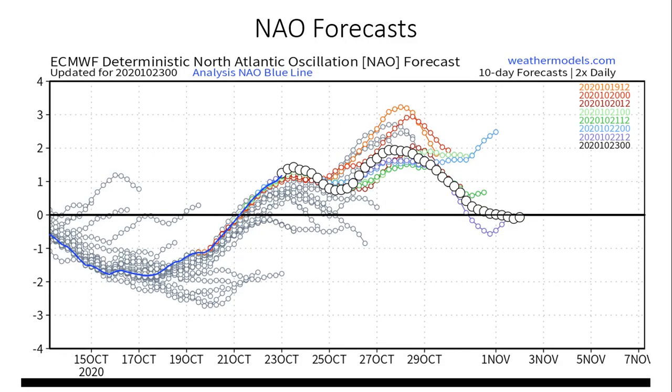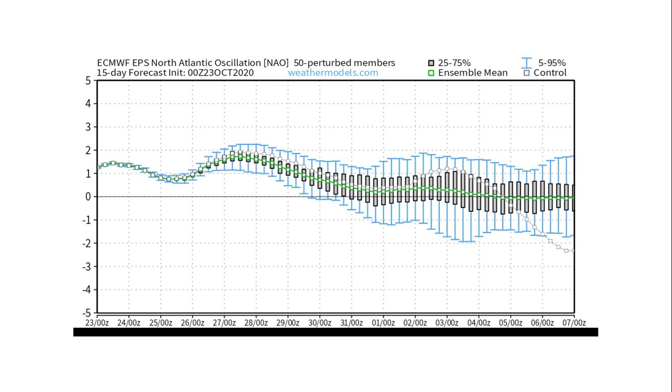Taking a look at the NAO forecast now using the European deterministic model for today, 23 October. For the NAO, the European deterministic is showing a positive trend for the most part, going out through the first few days of November. The European Ensemble prediction system, EPS, with 50 perturbed members, is showing again a positive phase to the NAO, eventually dipping down to neutral territory closer to that zero line as we head into the first week of November.